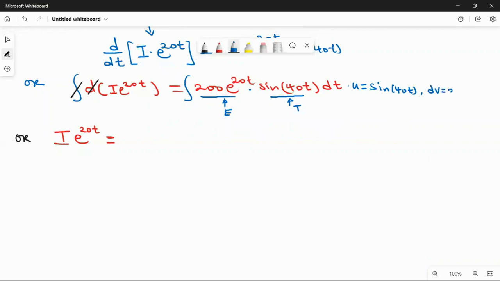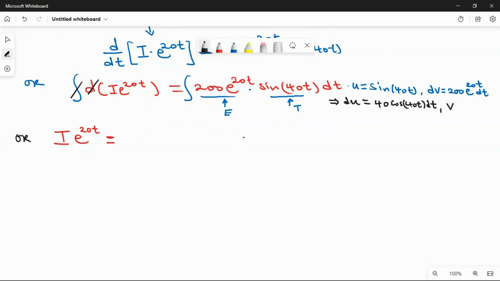That is 200 exponential 20t dt. So now I need du. This means that du is 40 cos 40t dt.